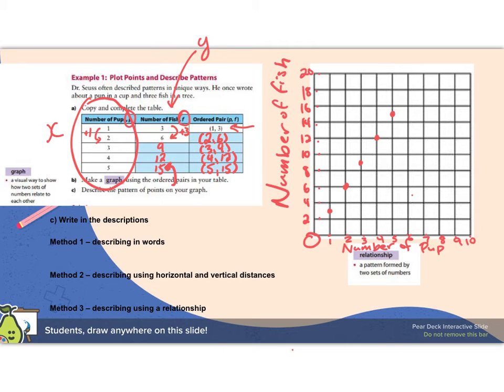So lastly, let's describe what's happening. So in words to describe what's happening, I can see that it is a positive relationship. So a positive slope. A positive one is where all the dots are going up. A negative relationship is where all the dots are going down. So this would be a positive, this would be a negative. I can see all the dots are in a straight line.